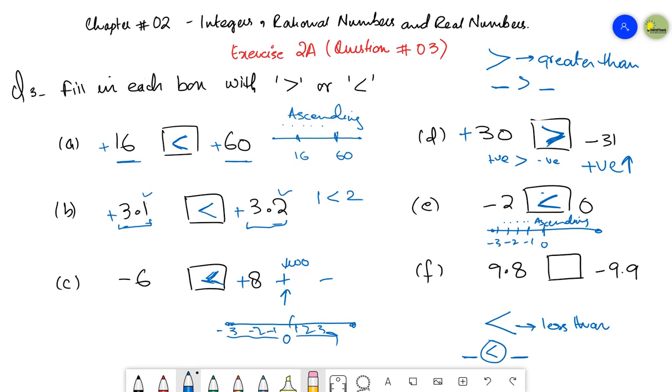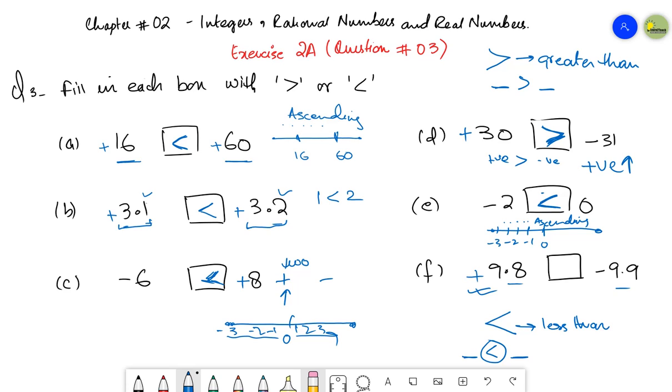Moving towards the last part. 9.8 and minus 9.1. Do not get confused by the numbers. Just see that if one is positive and one is negative, you need to choose the positive one. Why? Because a positive number is always bigger than a negative one, right? So don't get confused by the digits like 9.8 and 9.1.